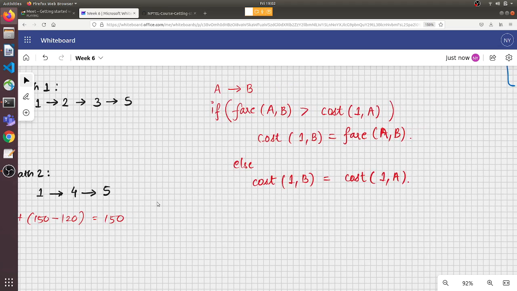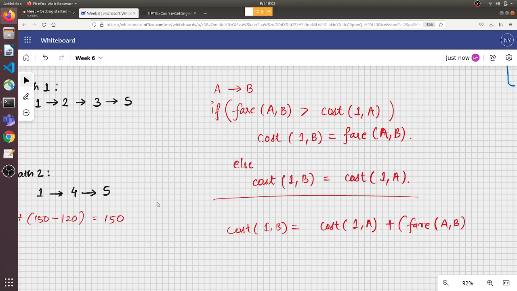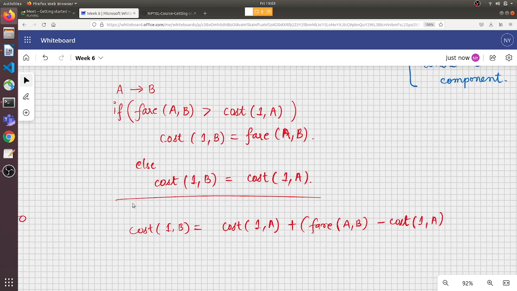So I'm saying if the fare of the edge A comma B is greater than the cost of reaching node A, then the cost of going from 1 to B is equal to the fare A comma B. Because what we are doing is adding to cost 1 comma A, so cost 1 comma B is equal to cost 1 comma A plus fare A comma B minus cost 1 comma A, right?